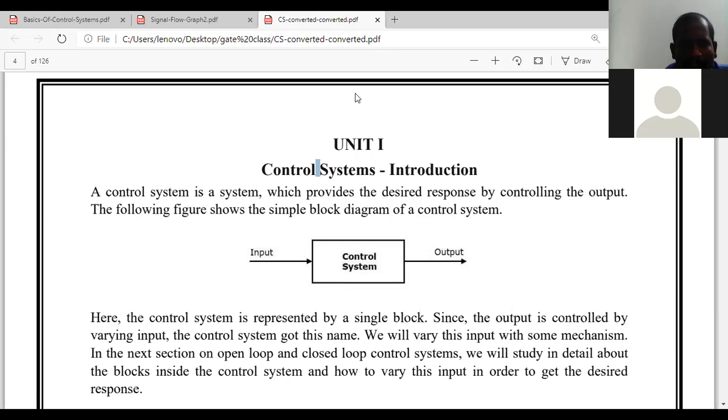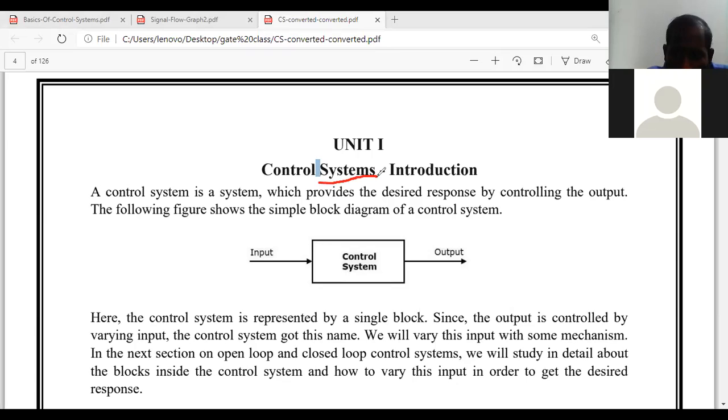If you know you can tell, otherwise I will tell, no problem, be casual. System means what? A machine or something which provides output for an input. Yeah. So a system is an interconnection of various elements in a logical sequence.